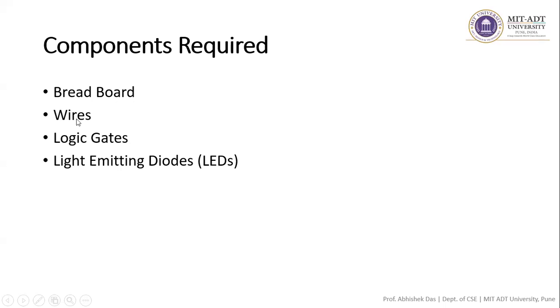Next come the wires by which you will connect, and obviously the logic gate you need. It can be more than one logic gate, and the light emitting diodes, that is the LEDs, which in some cases will glow and in some cases will not glow.